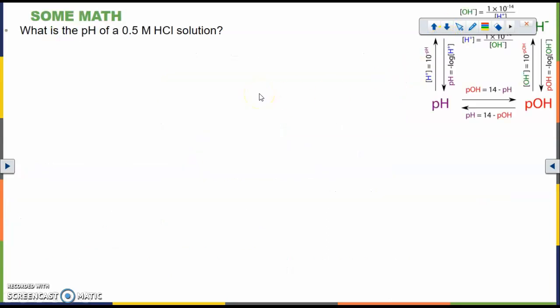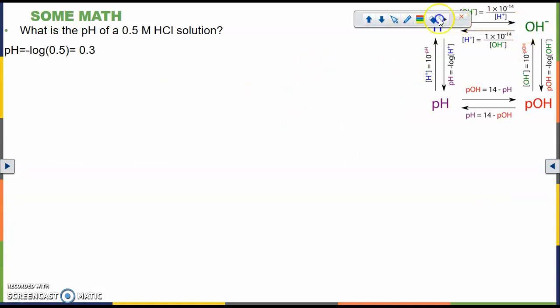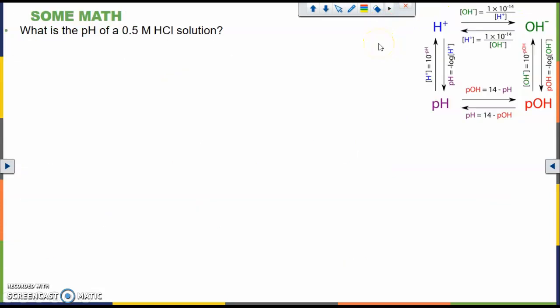So we're going to do some math to do some calculation. I'm going to move this around a little bit so that, hopefully, all right. This is actually your exam reference sheet, and this shows you how to move between unit concentrations. Okay, so in here it says, what is the pH of a 0.5 molar hydrochloric acid solution?